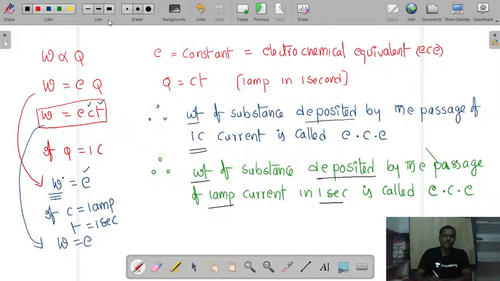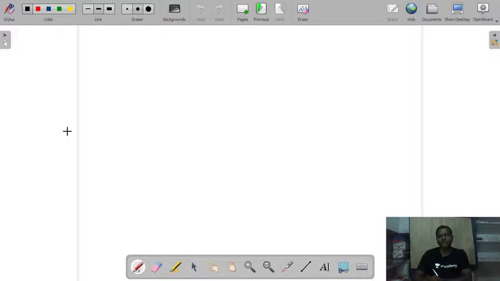Okay. So what is the mathematical form of first law of Faraday? W is equal to EQ, or E is equal to W by Q.